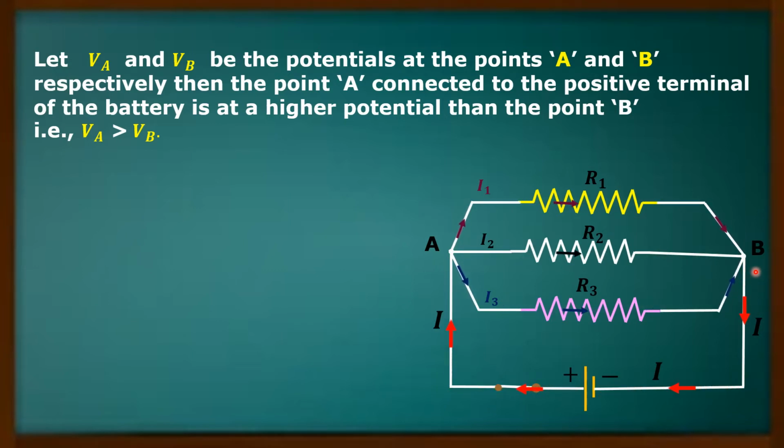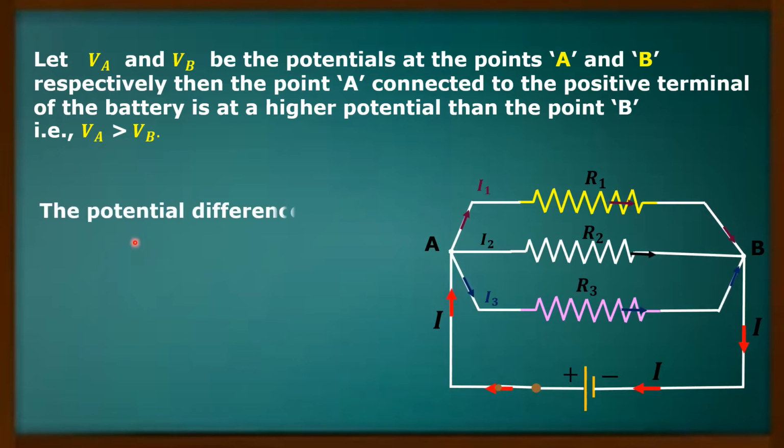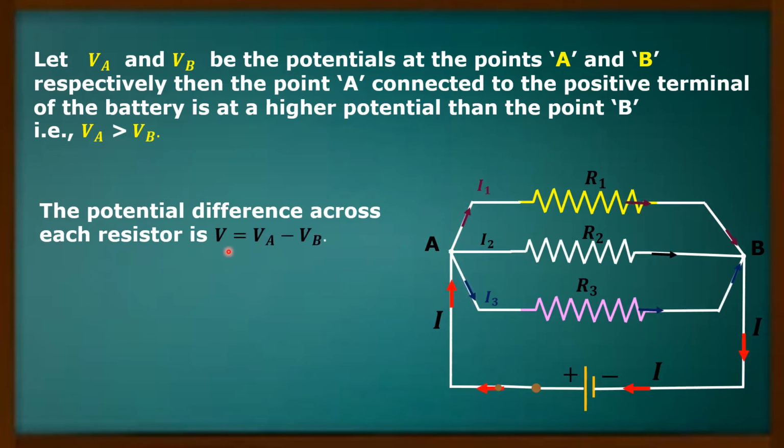That is, across each resistor the same potential difference is applied, but the currents flowing through them are different. See here, the potential difference across each resistor is V is equal to VA minus VB. Across the resistor R1, V voltage has been applied.